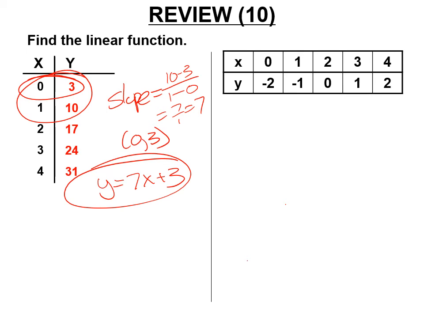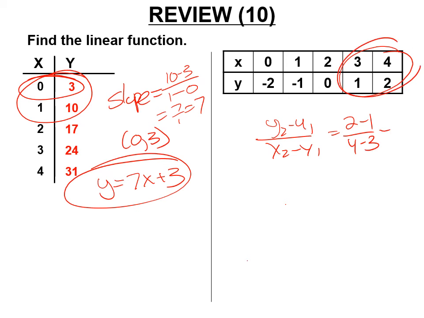Let's do this one. I'm going to do the slope over here. Now remember, when you do the slope, you have to have your y's up top and your x's on the bottom. So let's do 2 minus 1 over 4 minus 3. I'm flipping it upside down because I have to. 1 over 1. The slope here is 1. Is the y-intercept in the table?